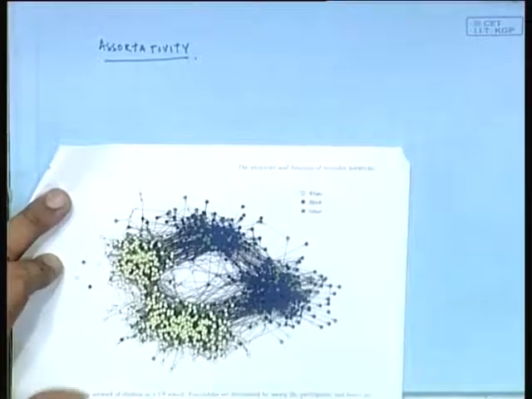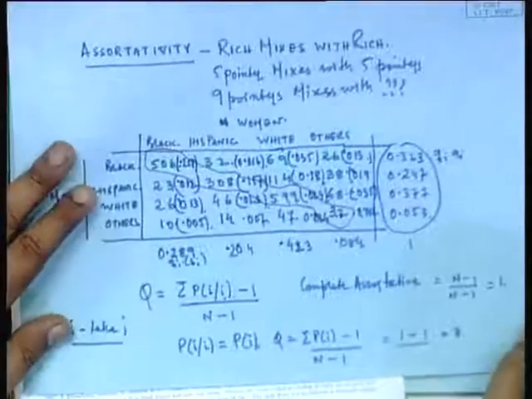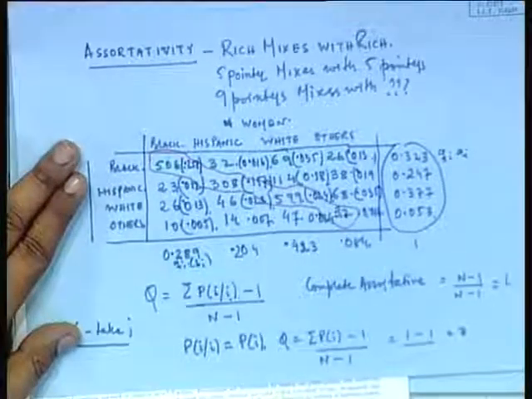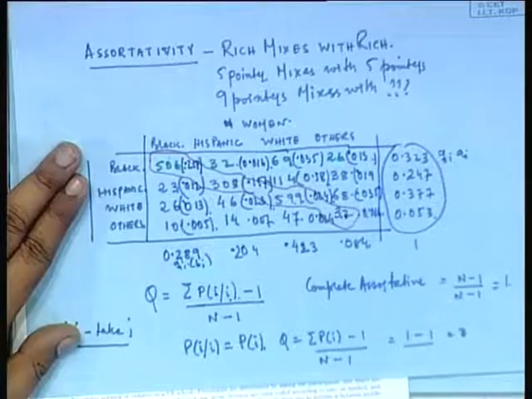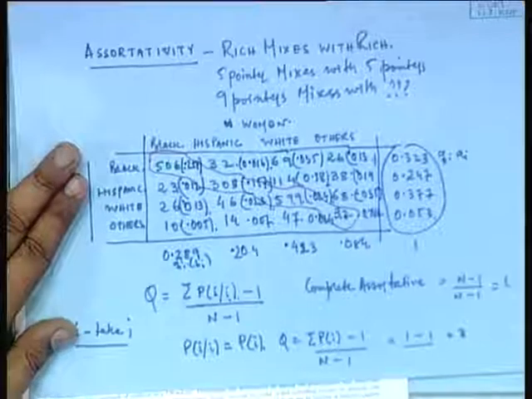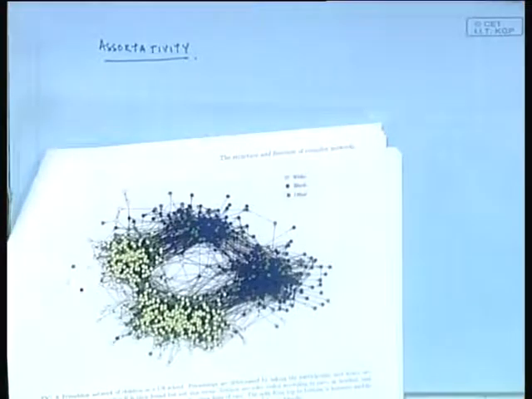And then what we saw is this matrix. So, what is the question? The question is, from this matrix can we generate this network?